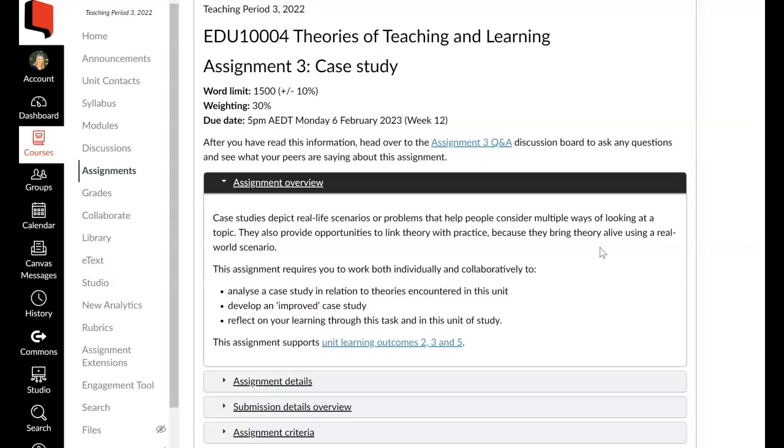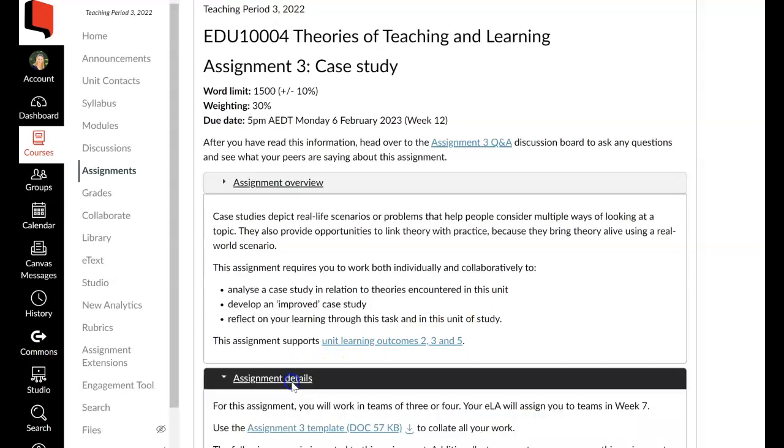This assignment requires us to work both individually and collaboratively. You're going to analyse a case study and think about some of the theories that we've covered in the unit. You're actually going to improve the case study and you're going to reflect on your own learning in this task and the unit of study.